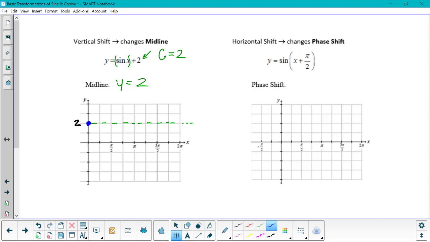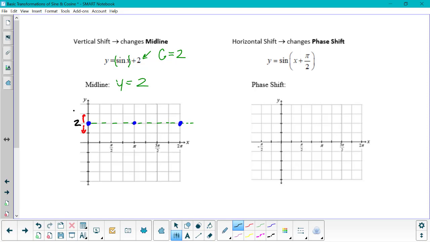So sine will begin, middle, and end have its points on the midline. Now the amplitude is still 1, so that means from the midline I'm going to go up 1 to get to the maximum, and down 1 to get to the min.